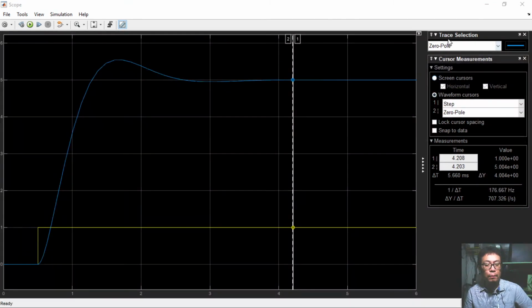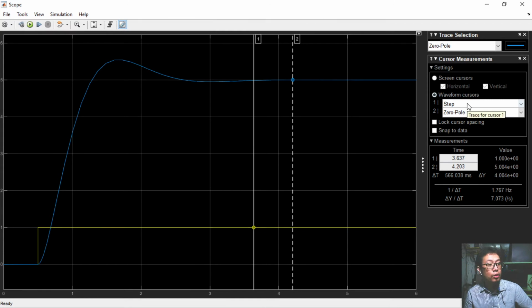In this case, there are options here. In the cursor measurement settings, for the waveform cursors, since two waveforms are being measured, you can set the first waveform, the one labeled number 1, to measure the step input, that means your RS. Then you can set the second to measure the zero pole, meaning the output after the zero pole system.